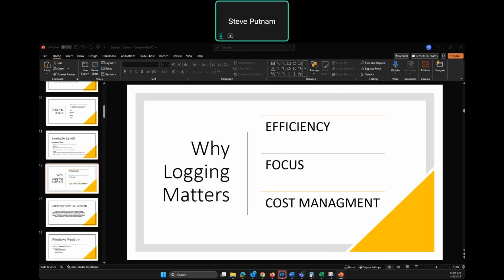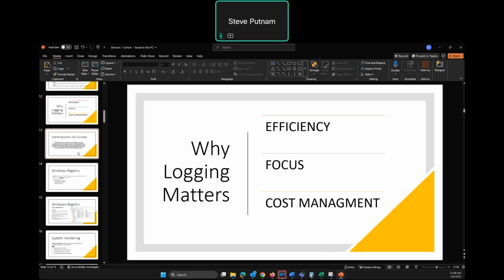And of course, it supports cost management. Proactive monitoring through logs reduces the likelihood of costly downtime or service interruptions. By detecting potential failures early, that helps avoid expensive emergency repairs. Optimizing resource usage, such as identifying underutilized or overburdened servers, helps reduce operational costs. Okay, so that's why logging matters.